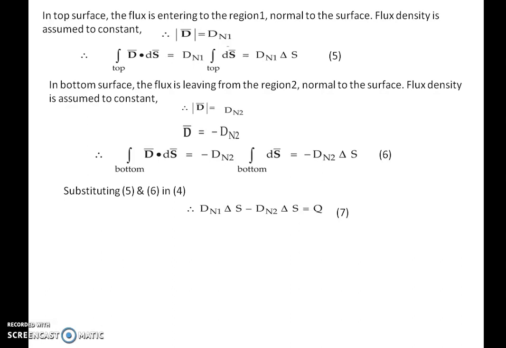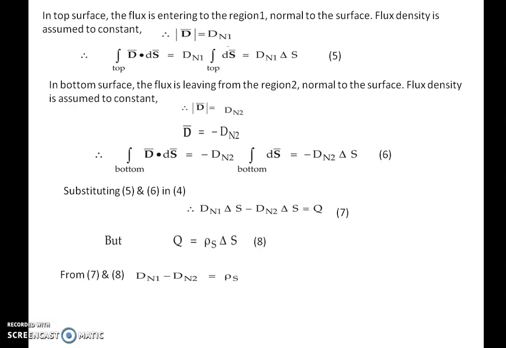But we considered Q is equal to rho S into delta S. So in terms of surface charge density, Q can be written as rho S into delta S. Substituting this, you will get DN1 minus DN2, which is equal to rho S. But the surface charge density in a dielectric material is 0.